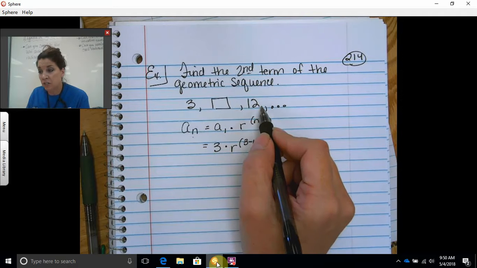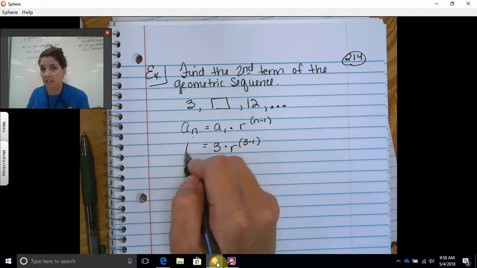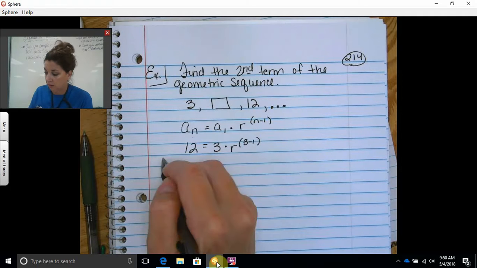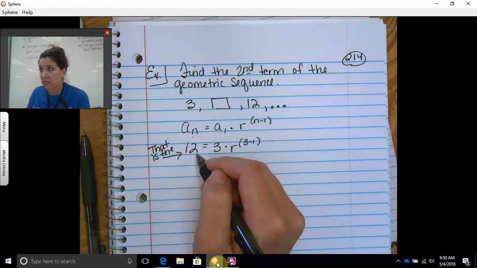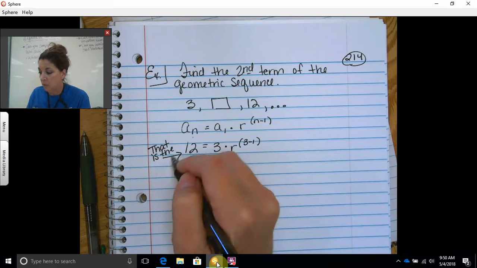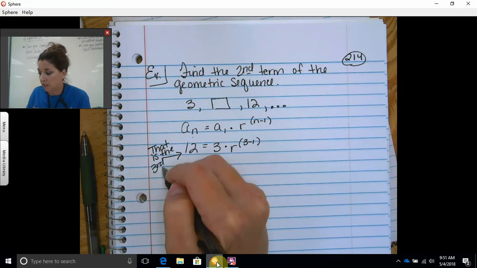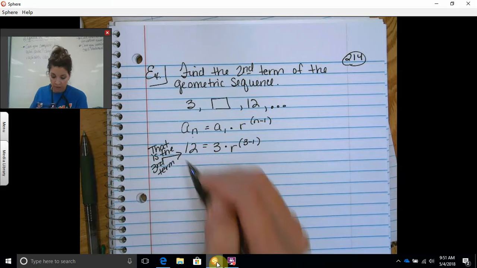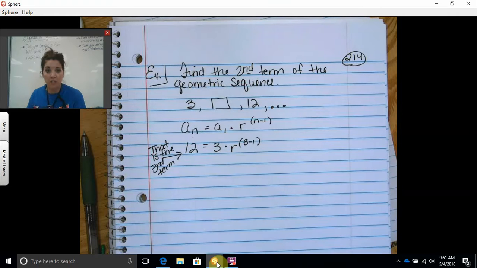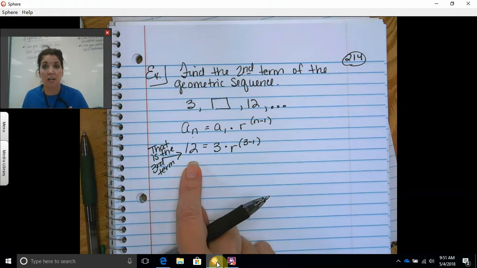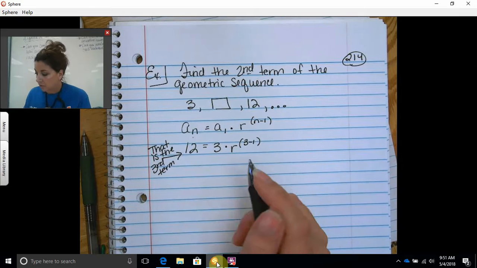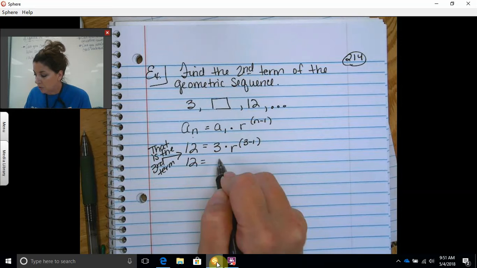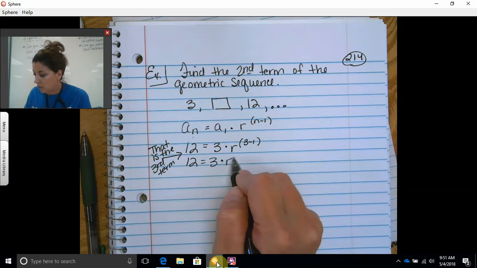Since we know the third term, we'll put a 12 there. Usually we're looking for that term, but this time we know it. Like on the last one, we put the negative 54 there because we knew it. So that will be 12 equals 3 times r squared.